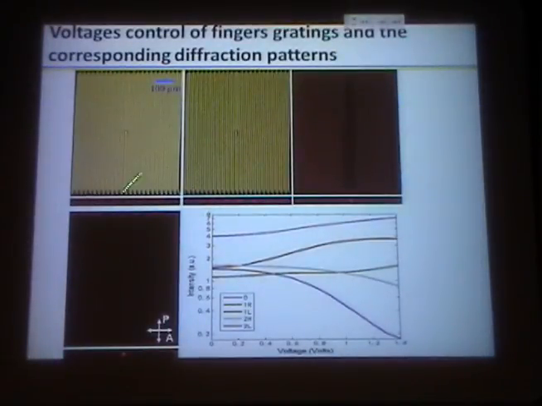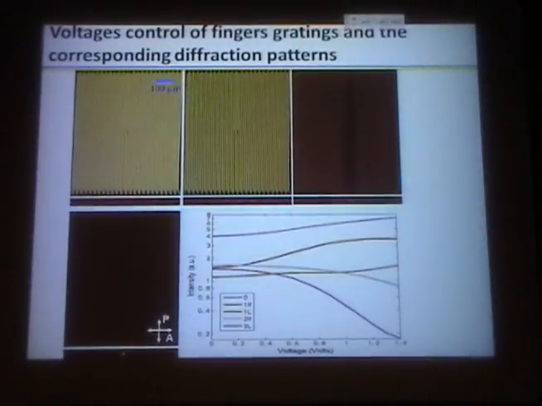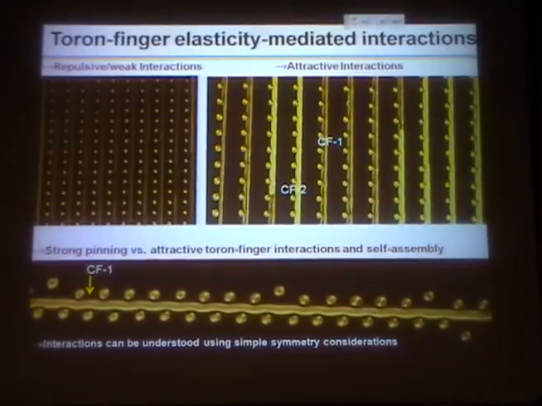So not only can we obtain those patterns of fingers with dislocations, but we can also control them by applying an external field, just like in the case of Torons, and that allows us to control the diffraction patterns. Now, what's interesting also is that we can generate those Torons in the regime where they behave like Brownian particles or quasi-particles, right?